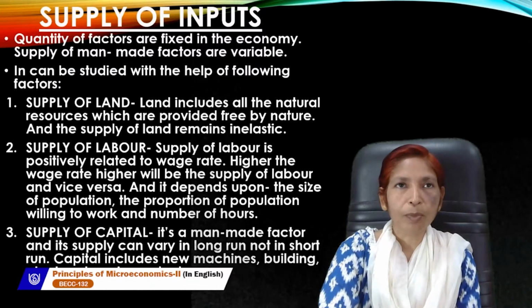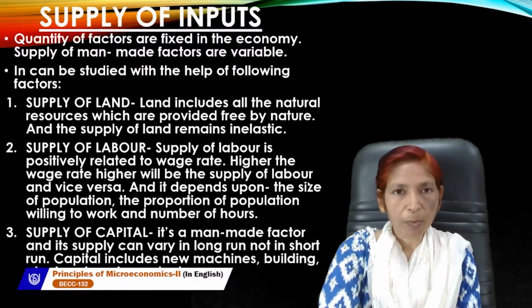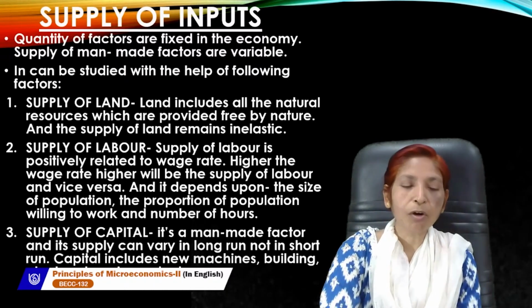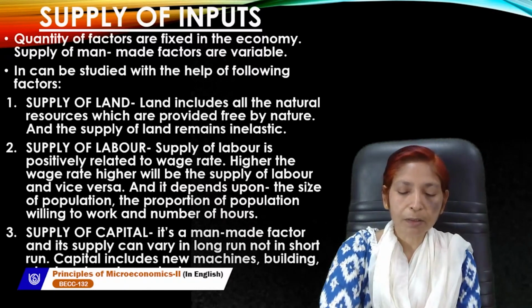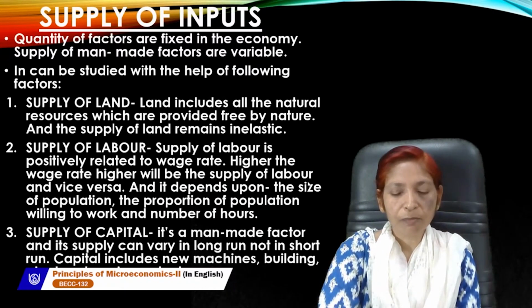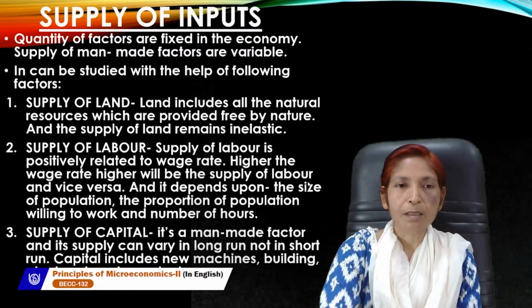Capital includes new machines, buildings, plant and equipment, etc. Supply of capital is variable in the long run, but in the short period, supply of capital also remains constant or fixed. So the supply of all the factors of production is not perfectly elastic, which can change according to our willingness. All these factors are inelastic or less elastic in nature.